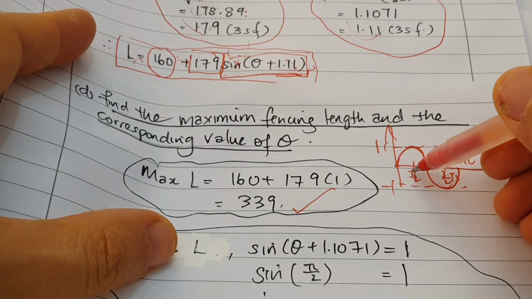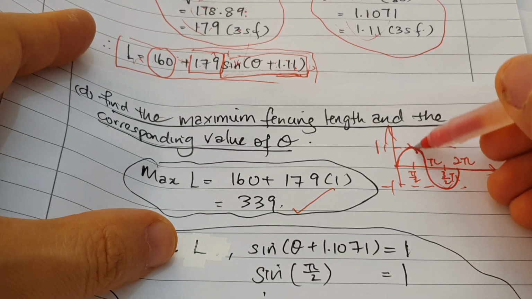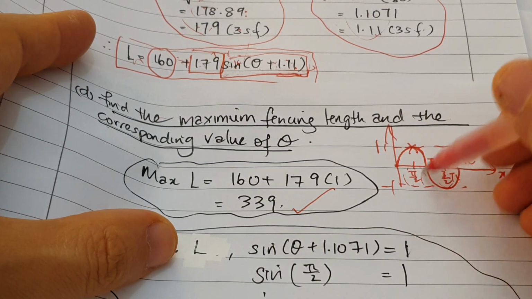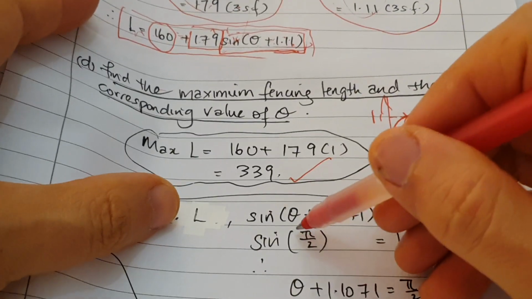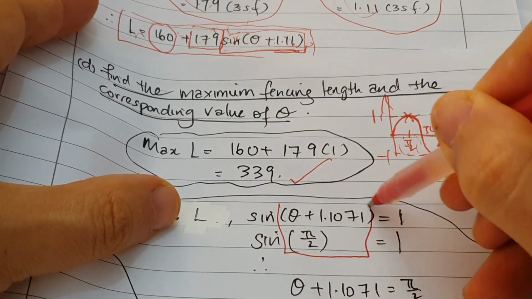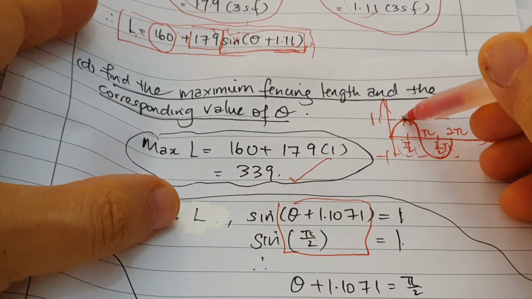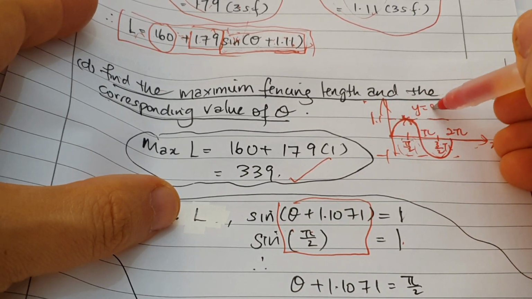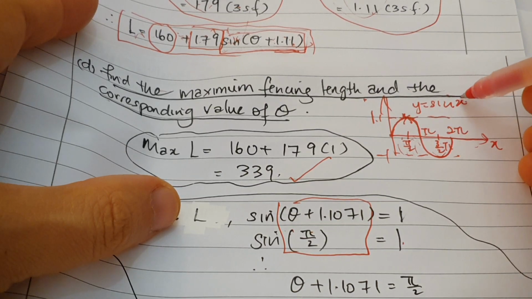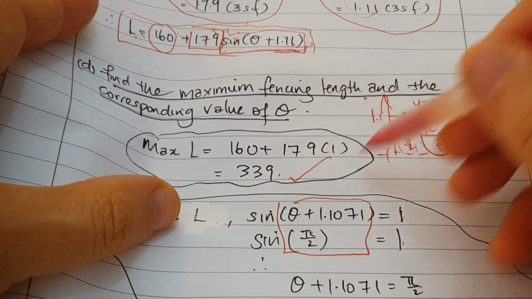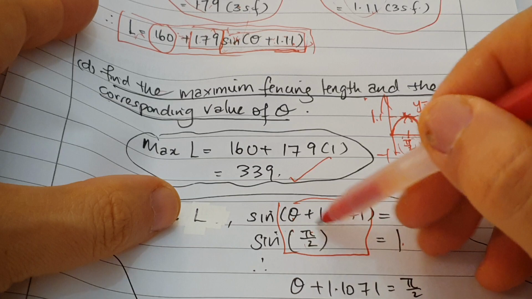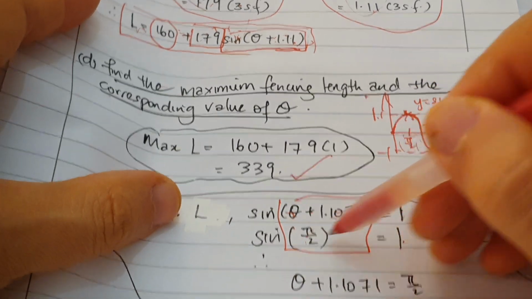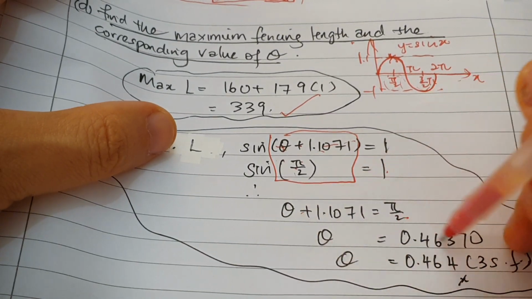Okay, so you ask yourself, isn't it true that sine of this then is 1, because this is y equals to sine x, or sine theta plus whatever. Okay, so this is your theta plus 1.1071 must be pi over 2. Then from here you can work it out to be this.